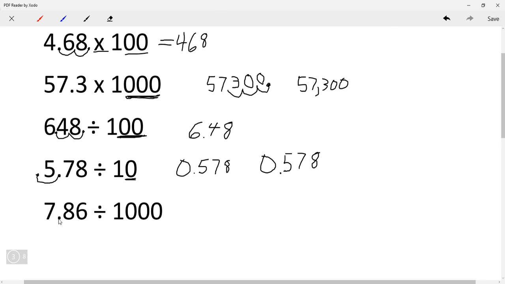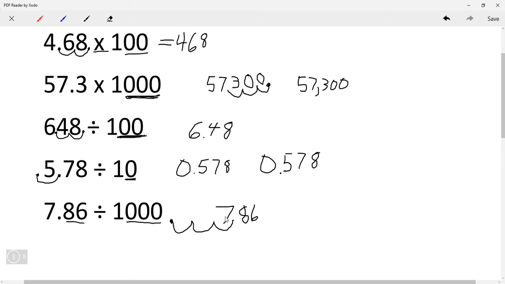Alright, so this last one, 7 and 86 hundredths divided by 1,000. So we are going to hop 3 times, and we're dividing, so we're going left. The decimal is here. We're going to hop 3 times. 1, 2, 3. So it is the same exact thing as up here.